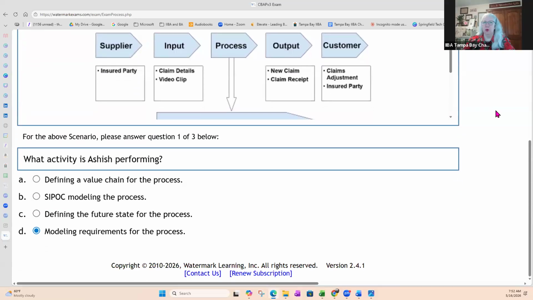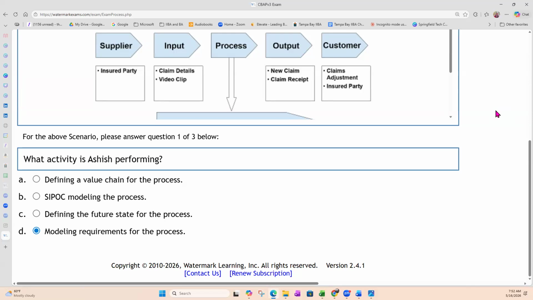Yes. So which answer do you think is correct? The SIPOC is already done. Maybe it's also defining a value chain for the process or the modeling of the requirements. Yes, I agree.